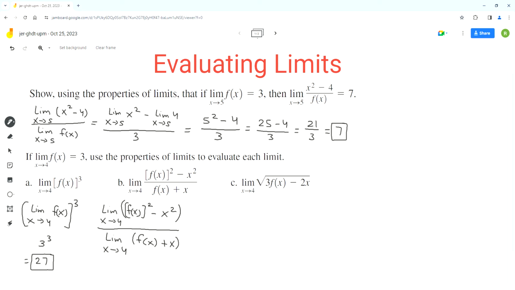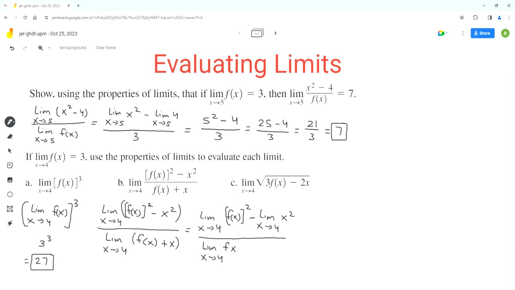So we get limit x approaches 4 of f at x squared minus limit x approaches 4 of x squared, over limit x approaches 4 of f at x.